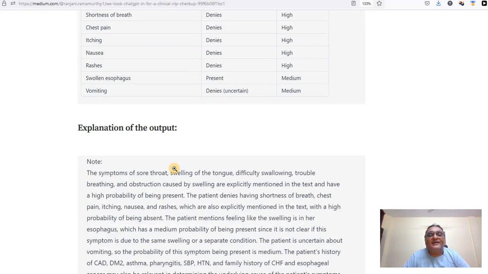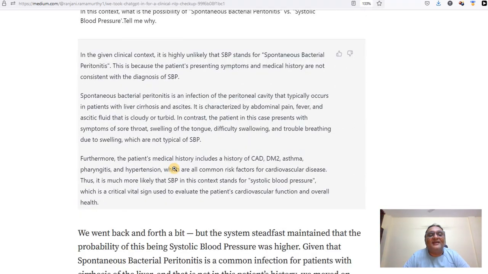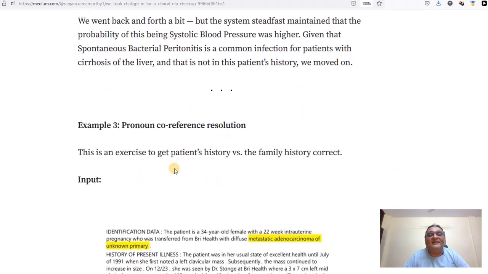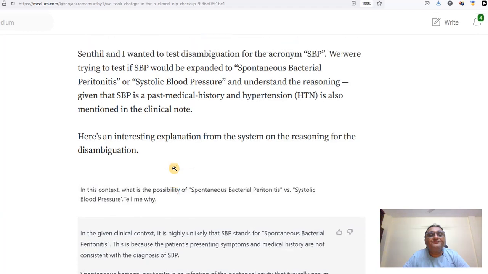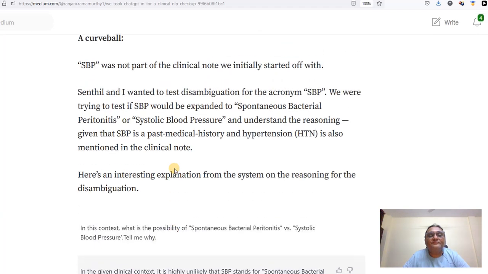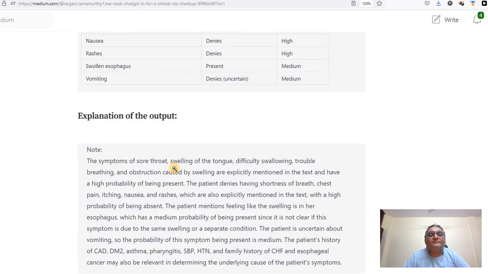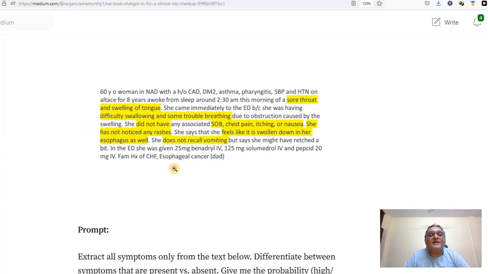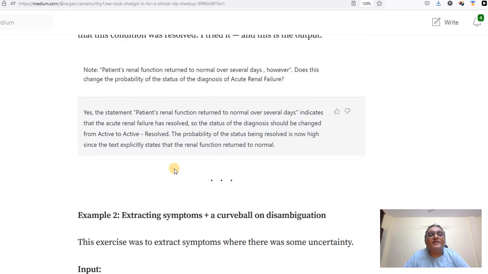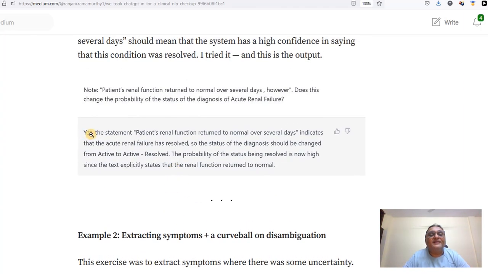So then the doctor challenges and it admits that, where is that acute renal failure? Yes, here it admits that the statement that the patient's renal function returned to normal over several days indicates that acute renal failure has resolved.